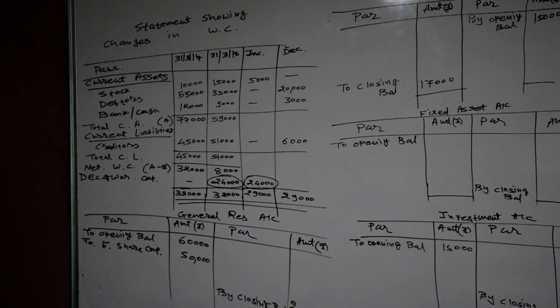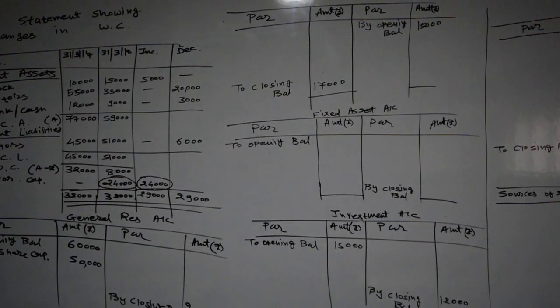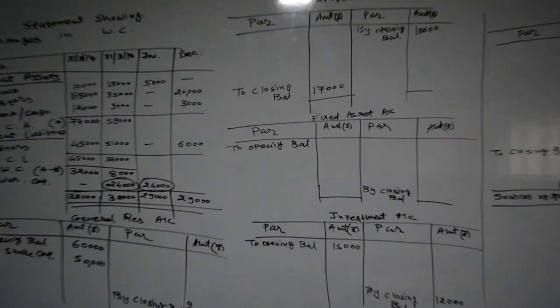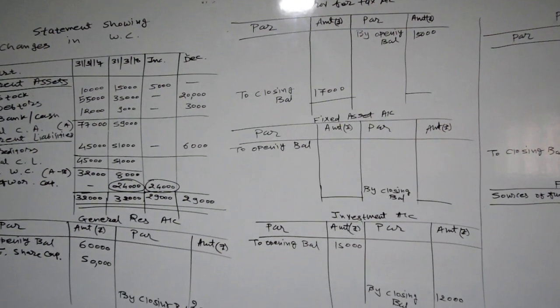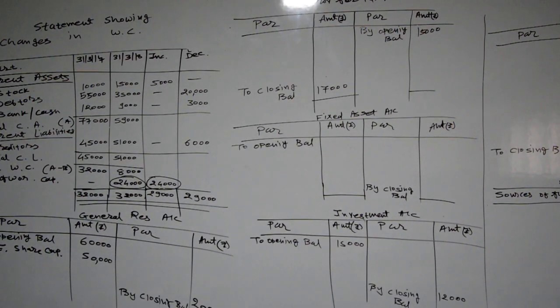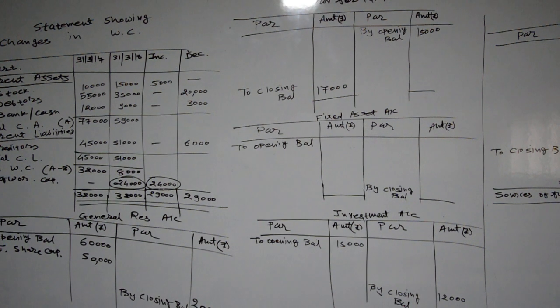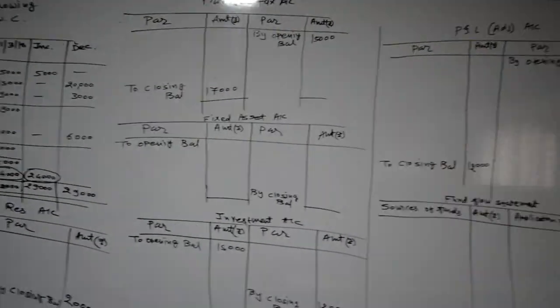Second, during the year rupees 14,000 were paid as taxation. The journal entry will be provision for tax account debit to cash or bank account.